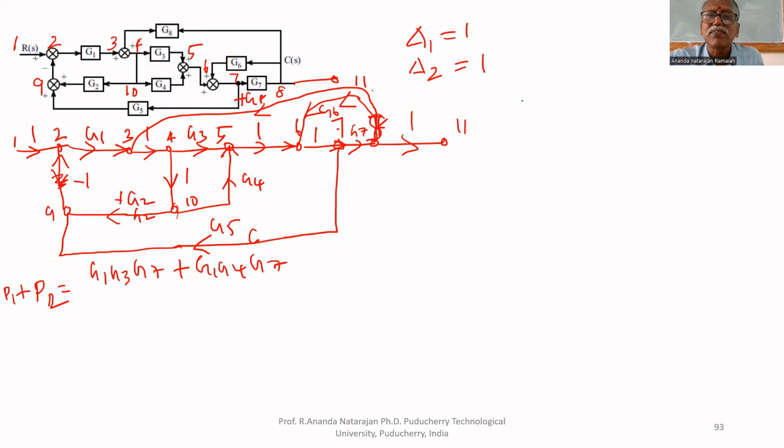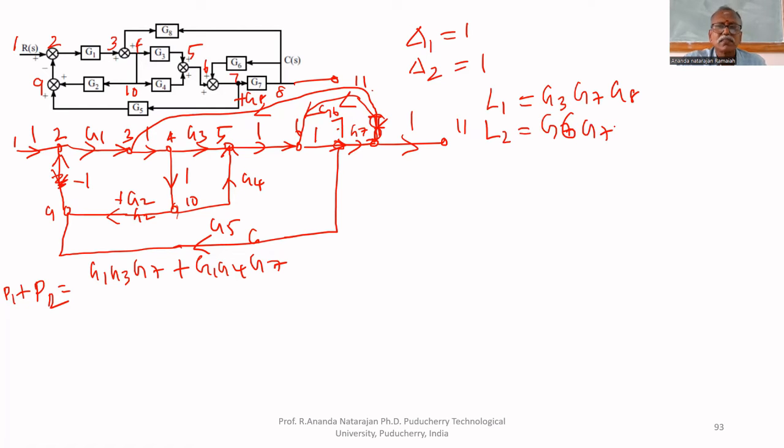To get the denominator, we have to find all loops. L1 equal to, we can write G3, G7, G8. Can I write? Positive.